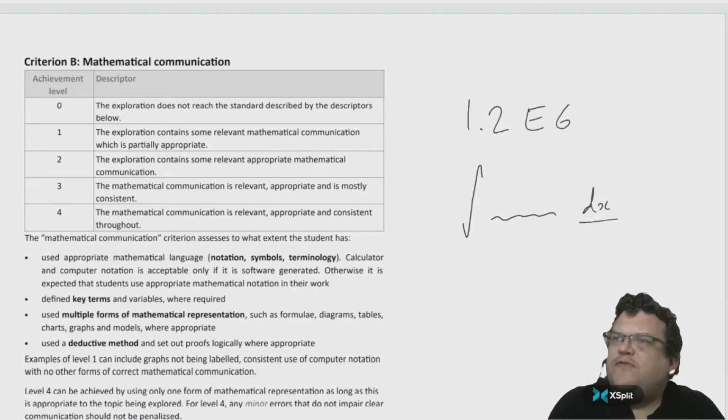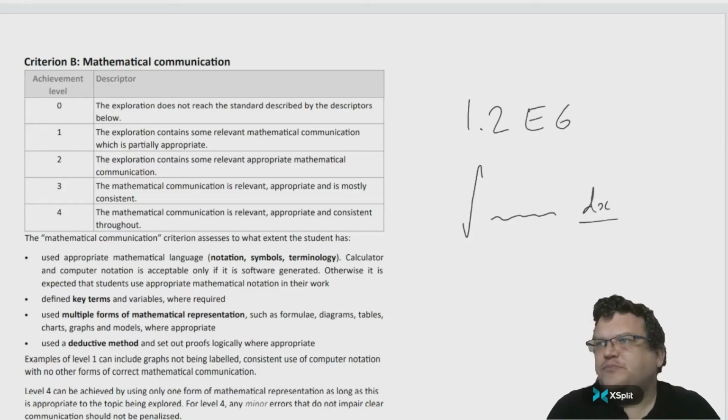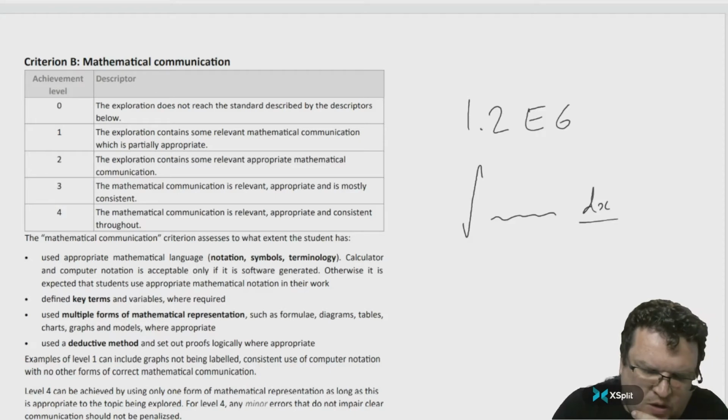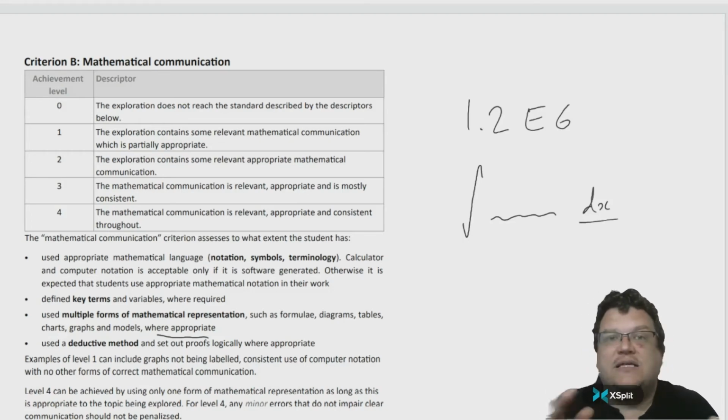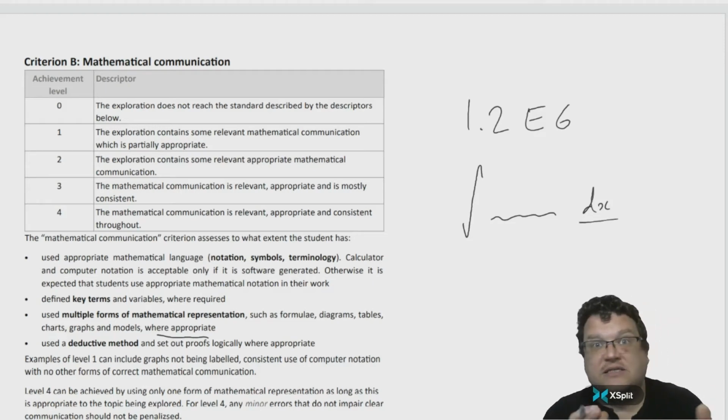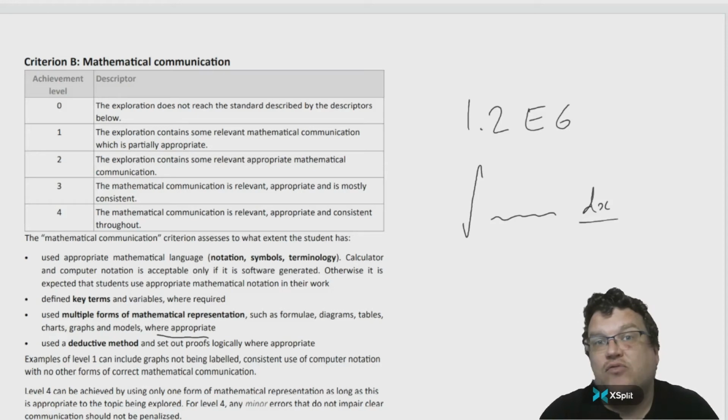Now, using multiple forms of mathematical representation, the key bit here is this where appropriate. We do often see students just shoehorning things into an IA just because. Here's my data on a scatter plot, and here it is again in a box and whisker diagram, and here it is as a stem and leaf, and you think, okay, but why? So the appropriate here and relevance as well, everything should be given a reason.